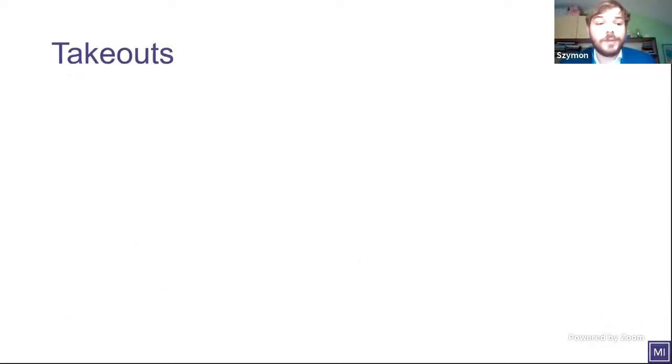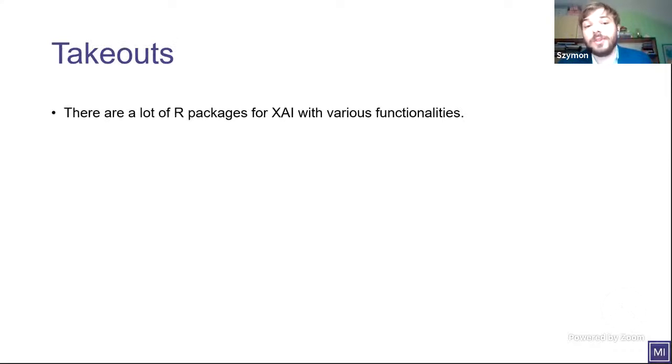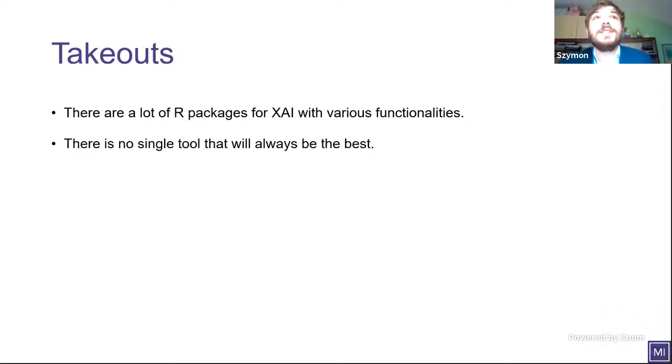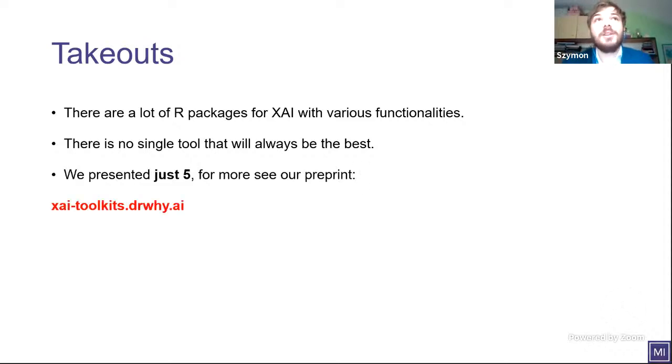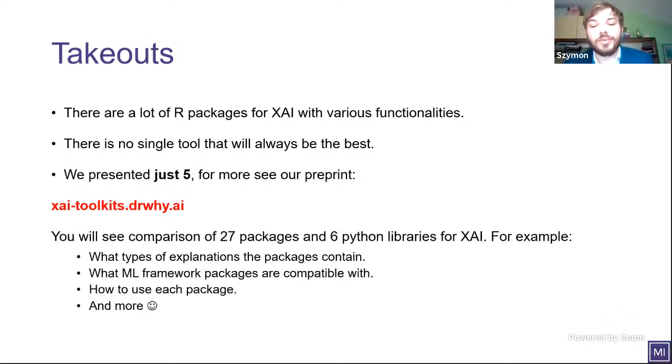And to conclude, there are a lot of R packages for XAI, and all of them have different functionalities. There is simply no way to point out one tool that will be good for everyone. That's why we, the users, have to try by ourselves and test which tool will be best for us.